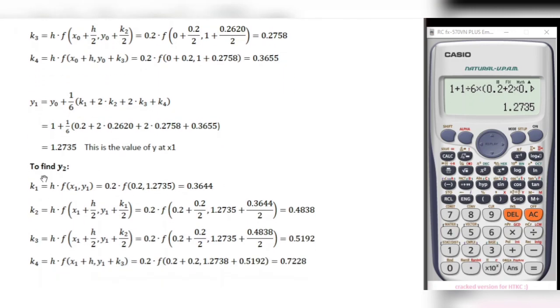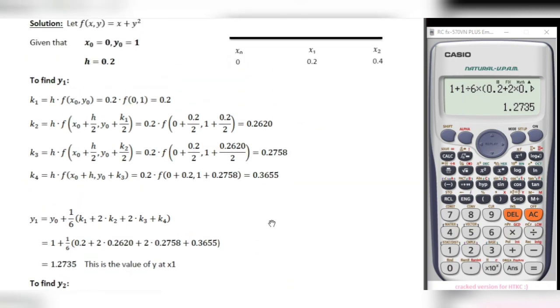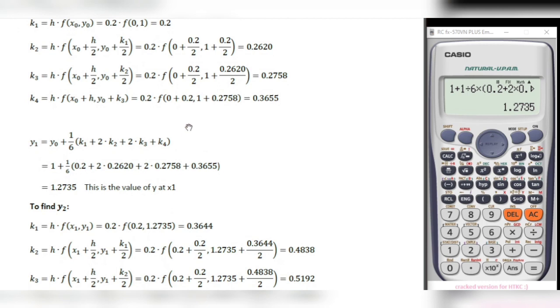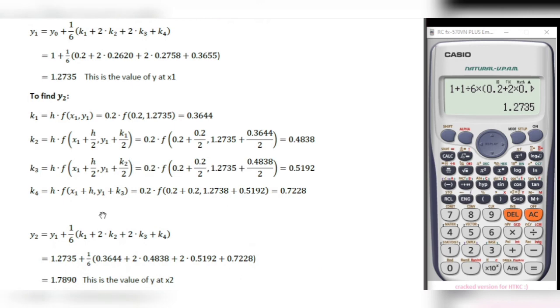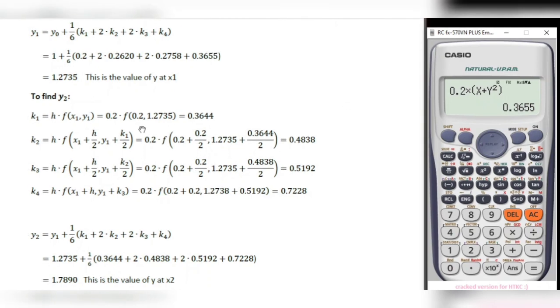Next, to find out y2, the value of y at x2, follow the same procedure as y1. Wherever you had x0, y0, you have x1, y1. To find out y2, in place of y0, you have y1. If you press the up arrow, you have the same formula there, 0.2 into x comma y.